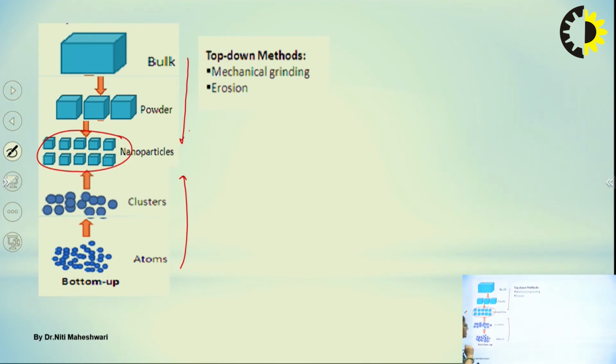In the second process, we start with the individual atoms. We allow their clusters to be formed, and finally these clusters build up to the nanoparticle size.